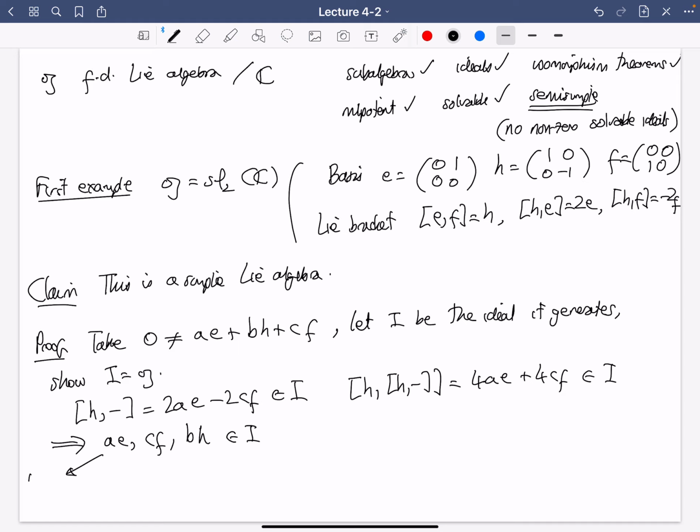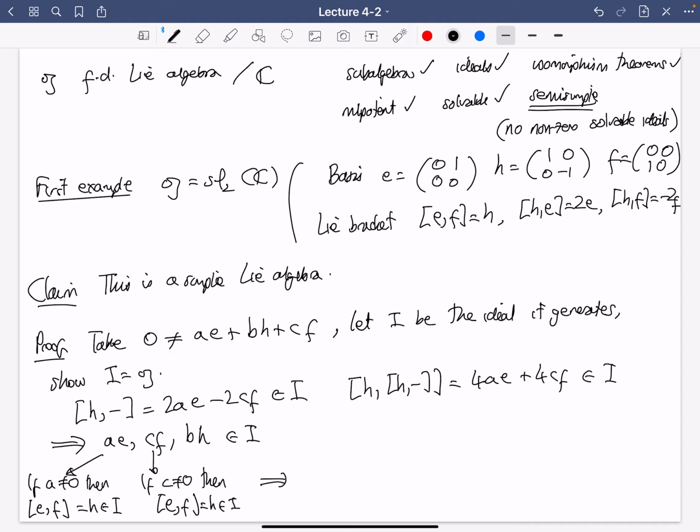If A is non-zero, then this gives you that the element E is in I. Then once E is in I, you can look at the bracket of E and F. That'll be in I, and that's H. So you get from that H is in I. And similarly here, if C is non-zero, then you get that F is in I. So when you take the bracket of that F in I with E, you get that H is in I.